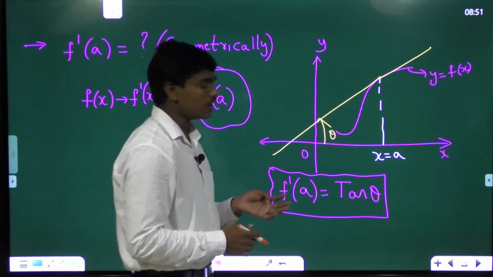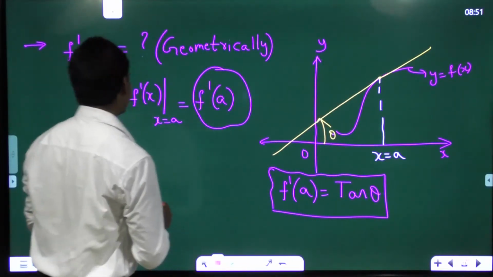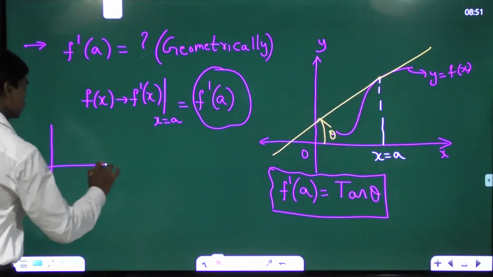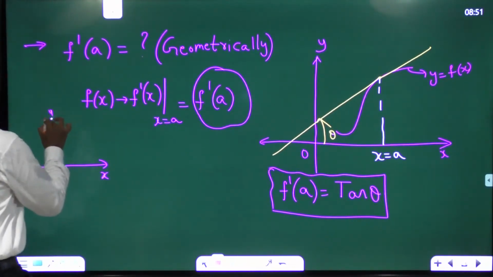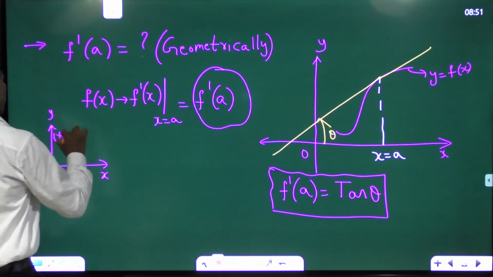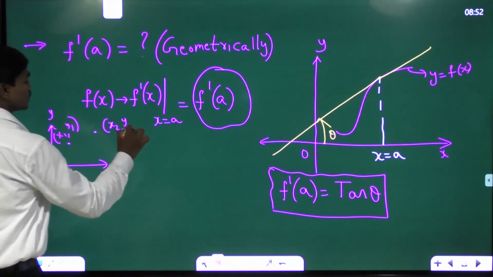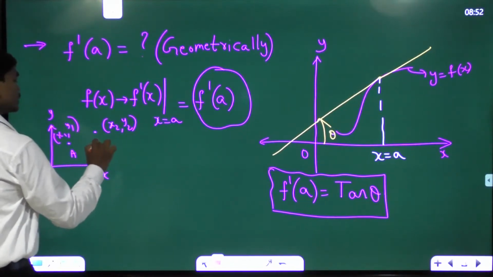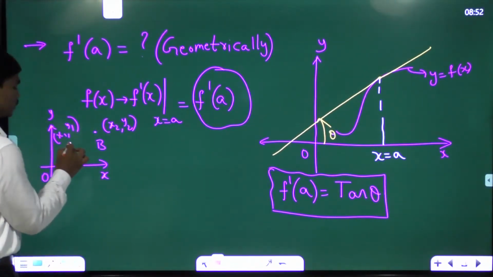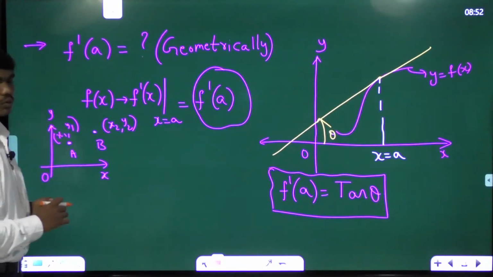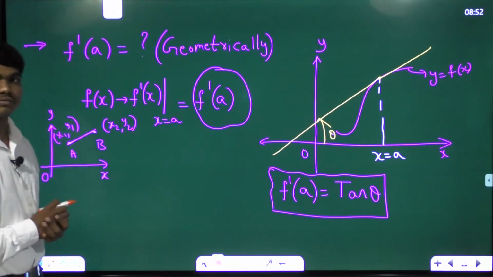Okay. So now we'll get back to that line equation. Now tell me one thing, suppose there's a line which is passing through two points. Suppose this is x and this is y, if these are the points x1, y1, and this is the point x2, y2, what is the slope of the line segment joining these two points A and B? If x1, y1 is the point A and x2, y2 is the point B, then what's the slope of the segment joining A and B?